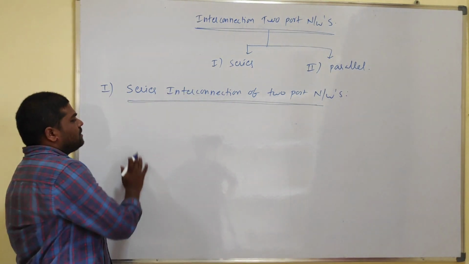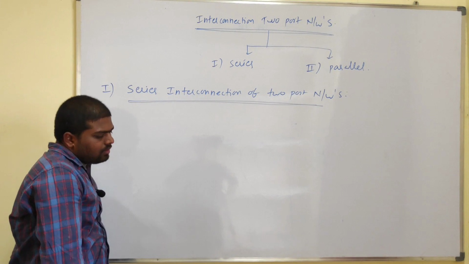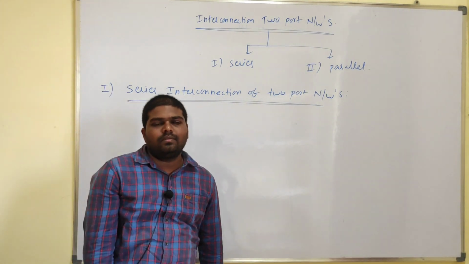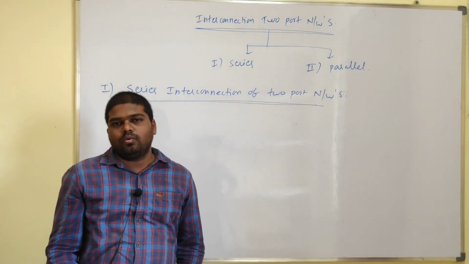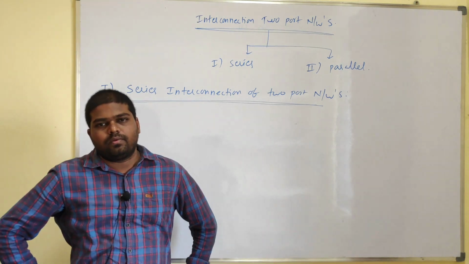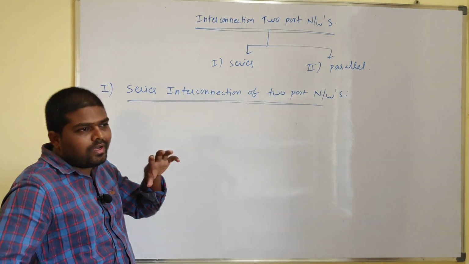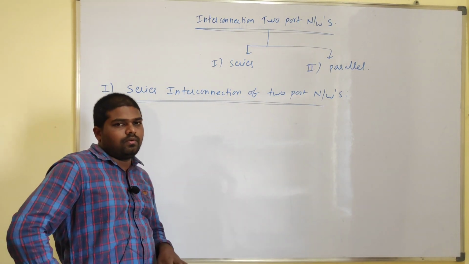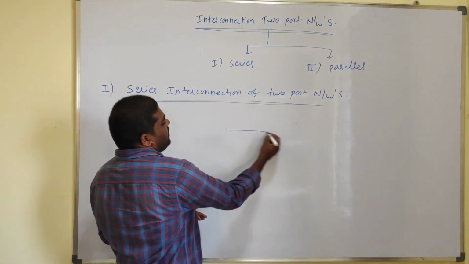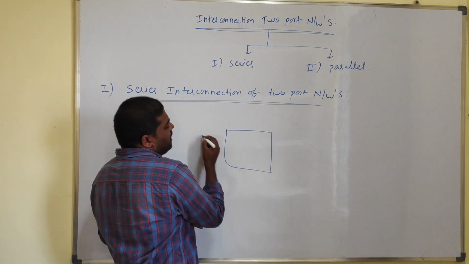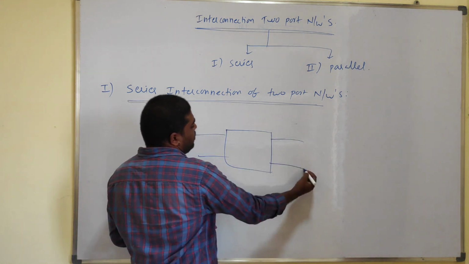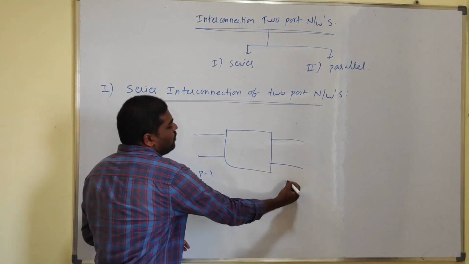Okay, so first let us consider. This interconnection is possible with two or more than two two-port networks. In previous classes we only discussed a single two-port network. For example, if you are taking Z parameters, this is a single two-port network. This is port 1 and port 2.